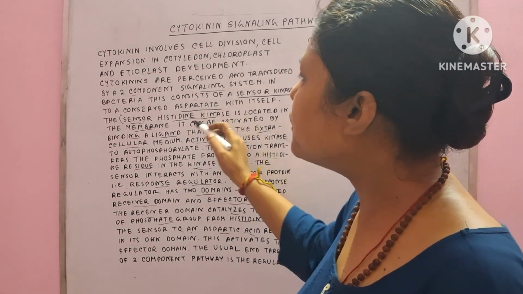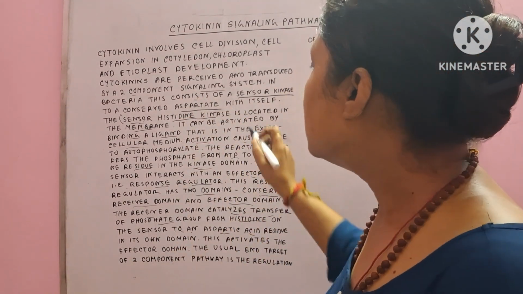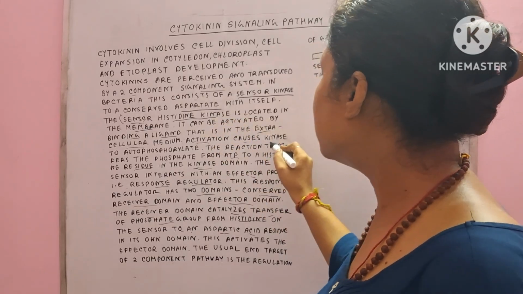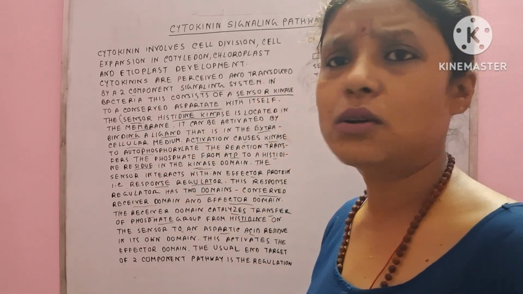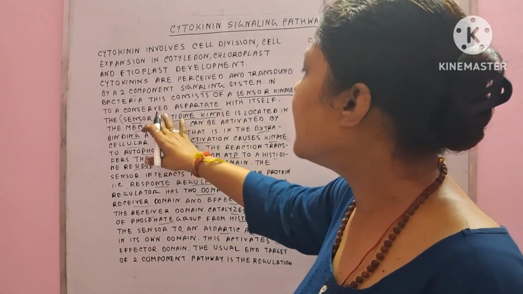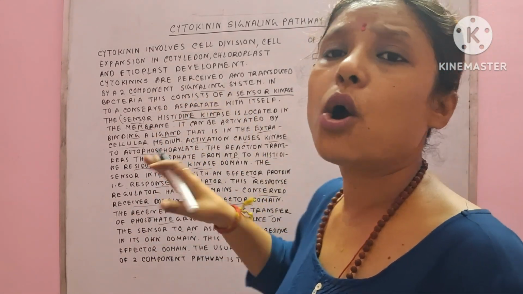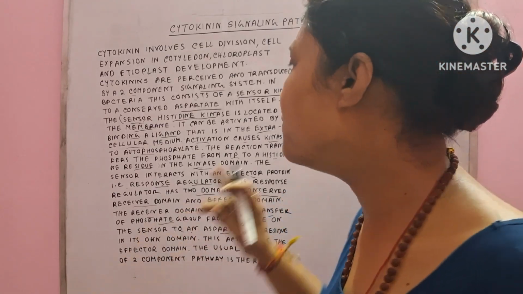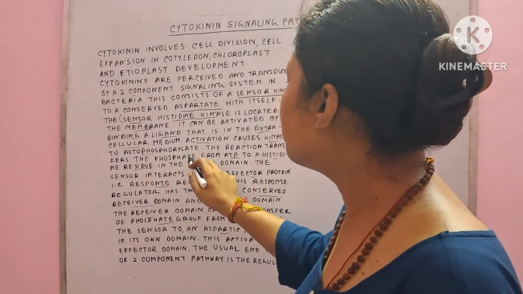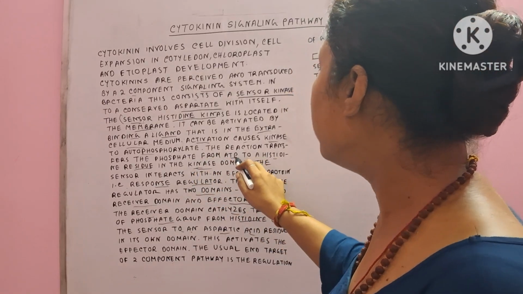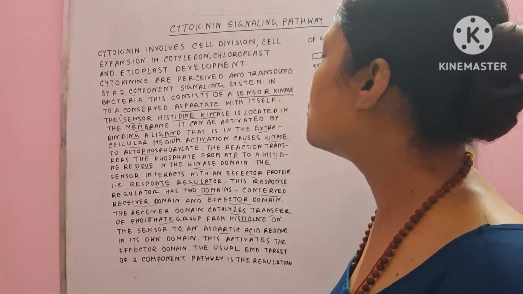And what does this activation of the histidine kinase create? It causes the kinase to autophosphorylate. The activation of the histidine kinase creates autophosphorylation, and this reaction transfers the phosphate group from ATP to the histidine residue in the kinase domain.